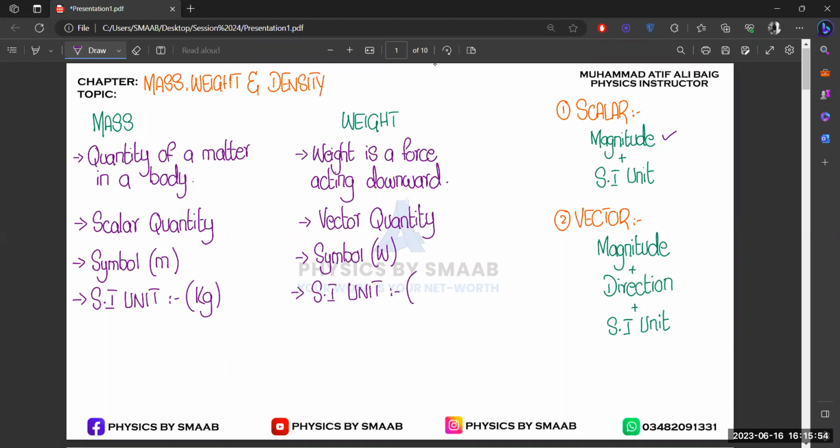So basically weight is a force, and we know that Newton provided us the law of motion. So that's why we consider the SI unit for weight as Newton, capital N. So the SI unit for weight is Newton, right?